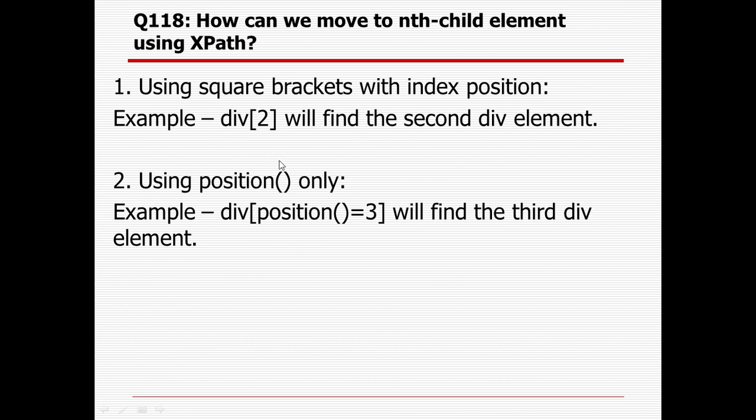You can also use the position method equal to 3, so it will find the third div element. So after identifying the XPath, if a lot of elements are there and you want to perform the operation on the exact element, you need to use indexing, so that the exact element will be identifiable using the XPath.